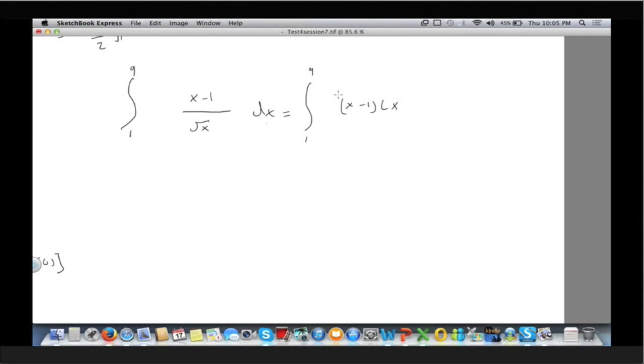X to the 1/2, x to the negative 1/2. Okay, and then this is going to be, so when we do this, we add these exponents.